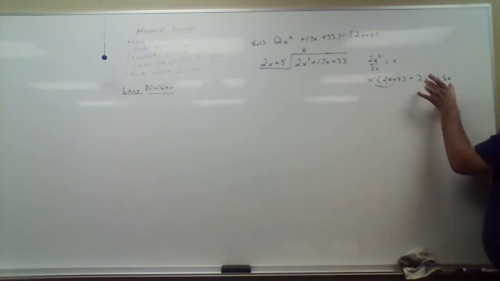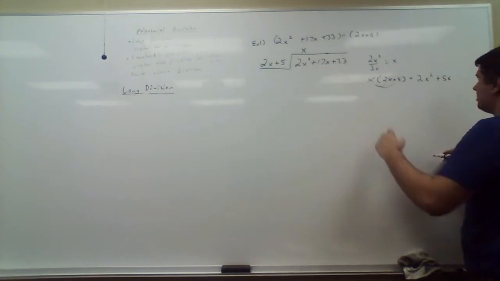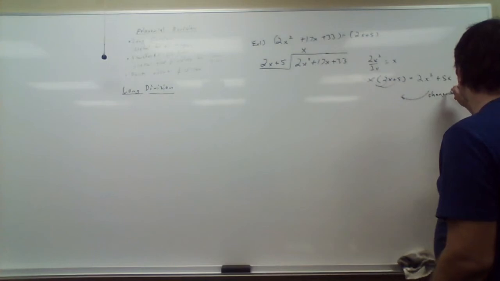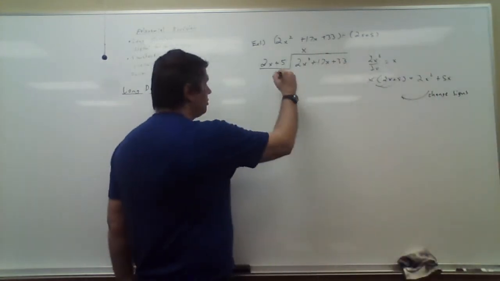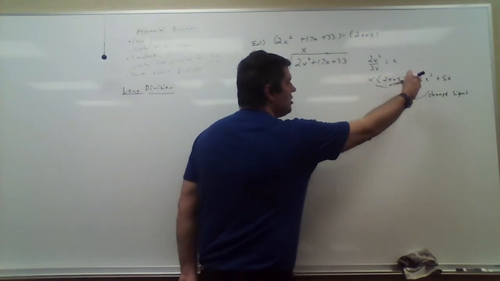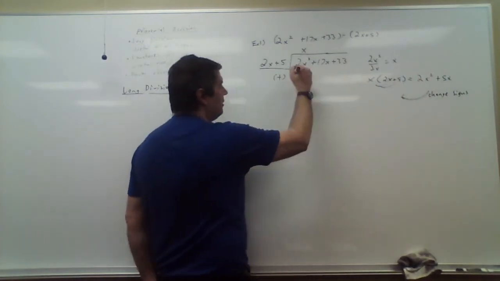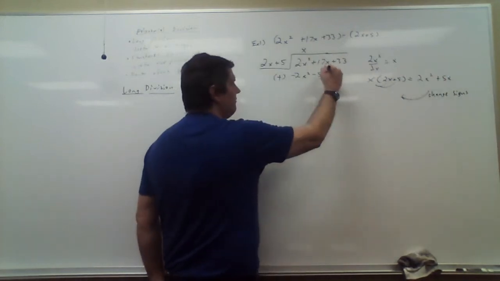Now, you're going to want to subtract this from this, except here's how I would recommend you subtract. Change the signs and add. So we will be adding a negative. You're going to want to change the signs. Negative 2x squared minus 5x.